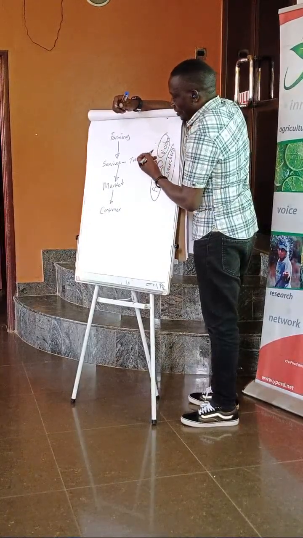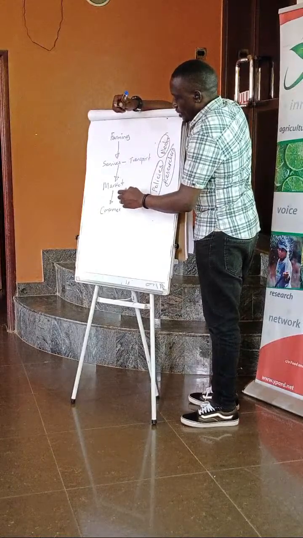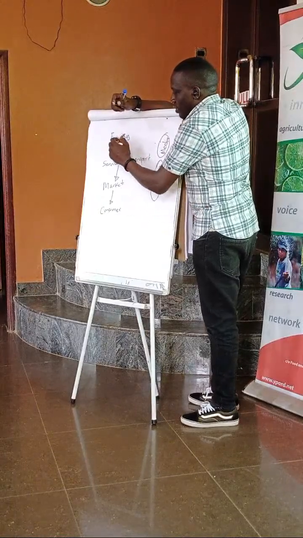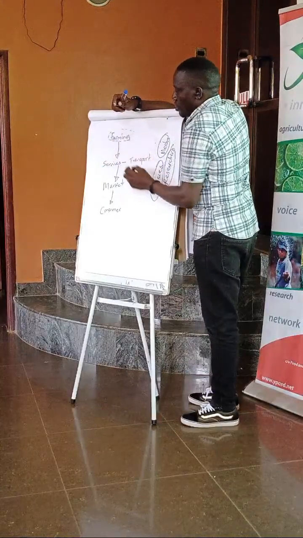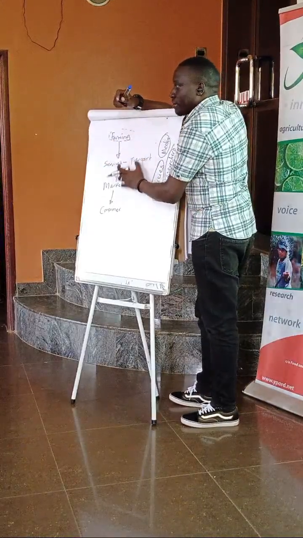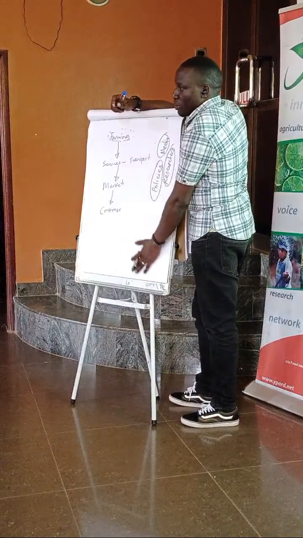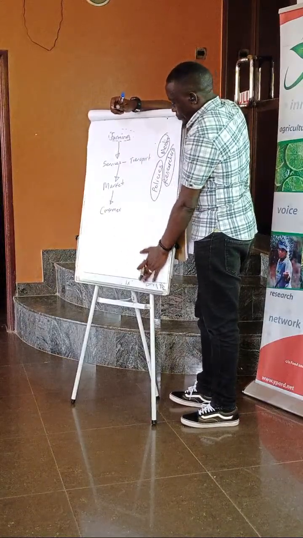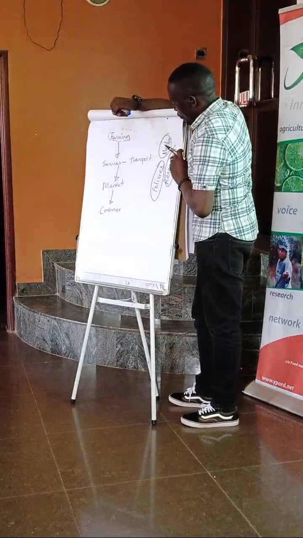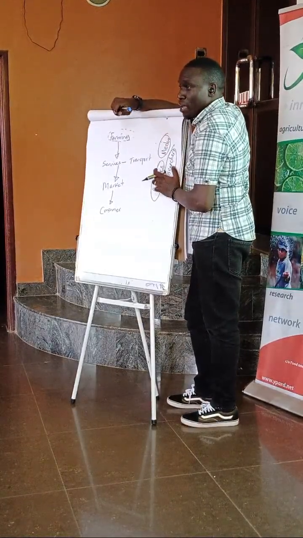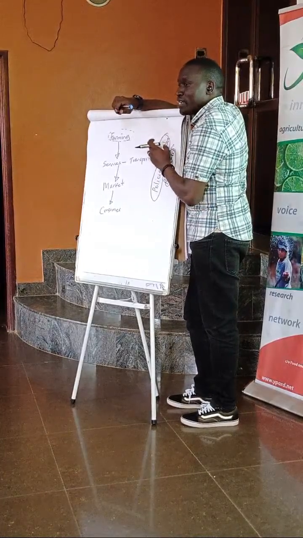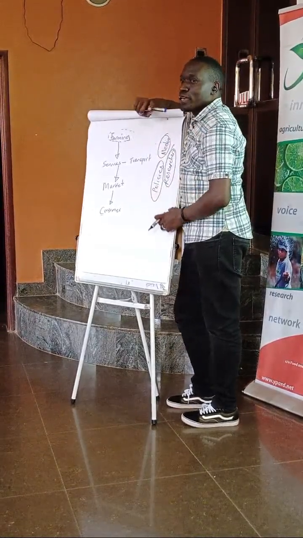All these guys have a direct impact on the way we move from agriculture as a practice to all the other elements that we may want to focus on. So when we are talking about building a movement for agriculture, we are talking about bringing all these key actors together.